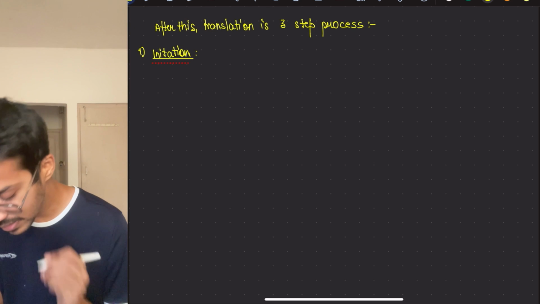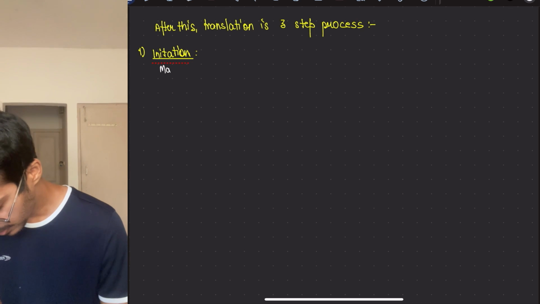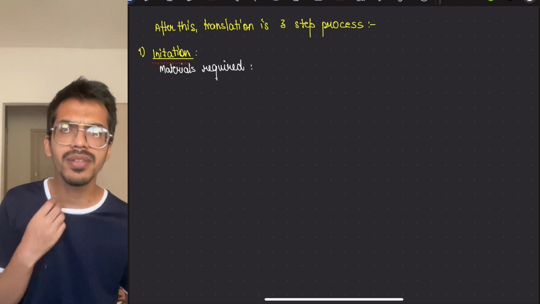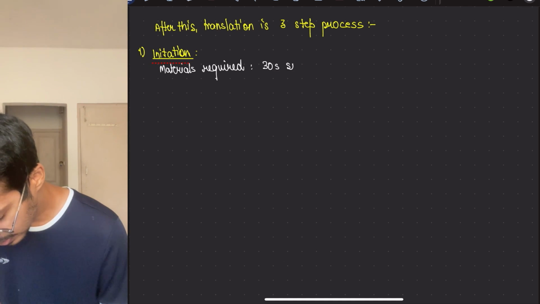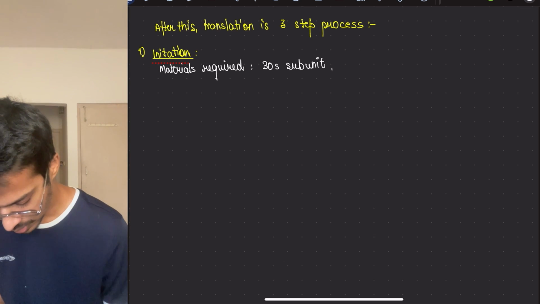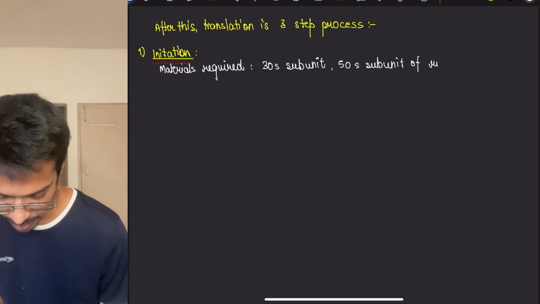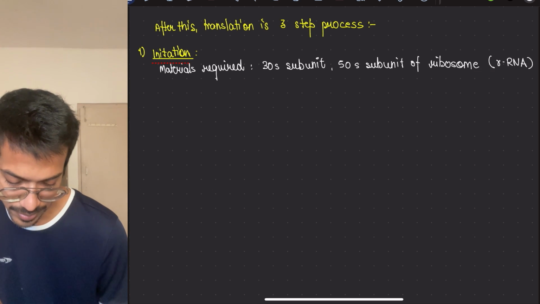So first of all, in this unit, the material required. Anything we are going to start, we require what? Any recipe we are making, we need certain basic ingredients. So the ingredients required would be: we need the 30S subunit for this step only, the 50S subunit of ribosomes, which has what? It is rRNA.